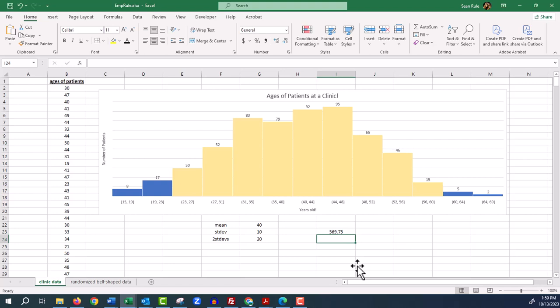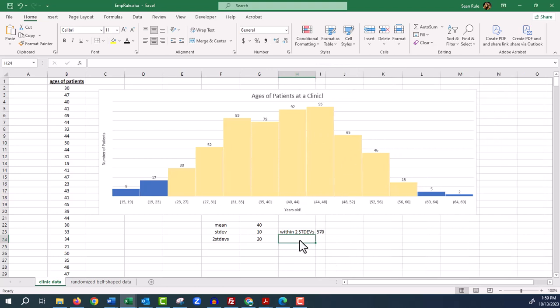And that gives us a whopping total of 570. 570 data points are within 2 standard deviations. I love that. 570, okay.